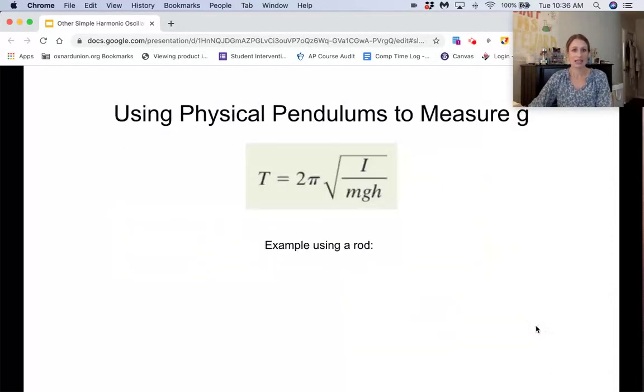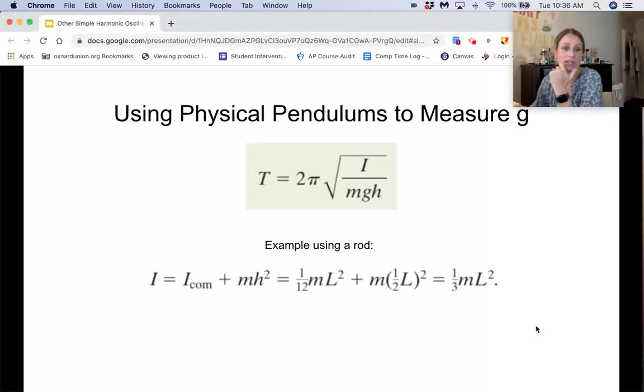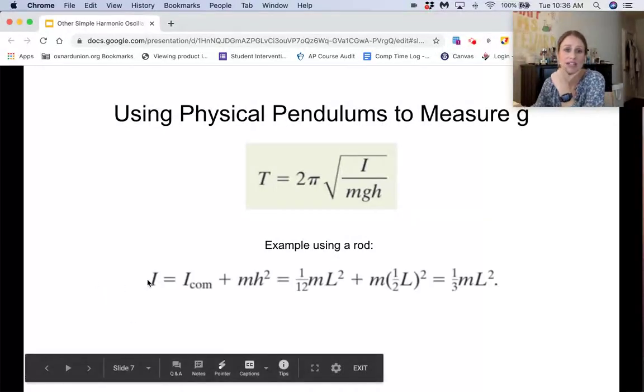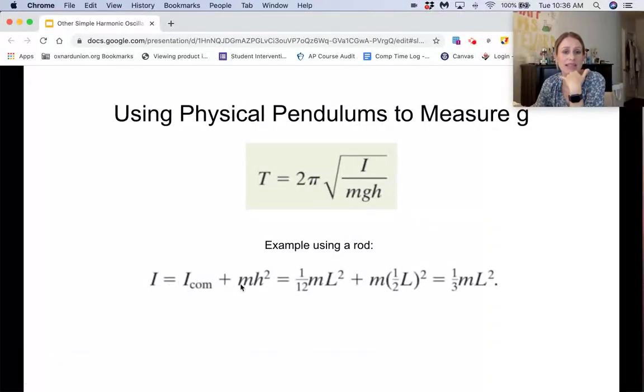So if we're using something to measure the acceleration of gravity, and say we have something like a rod that is being pivoted about the end, we know that we have to use our parallel axis theorem for the rotational inertia. So the rotational inertia about the new axis of rotation is equal to the rotational inertia about the center of mass of that system plus mh squared.